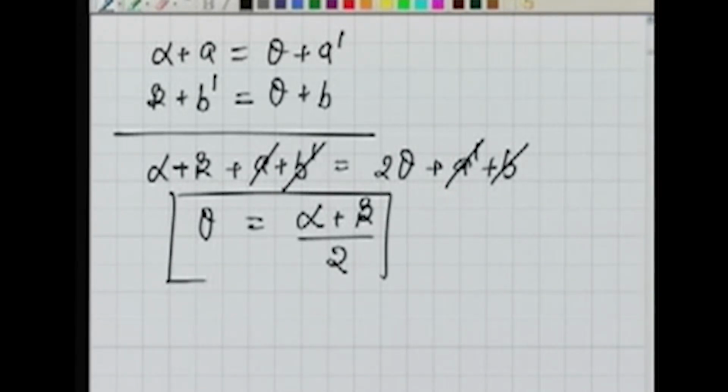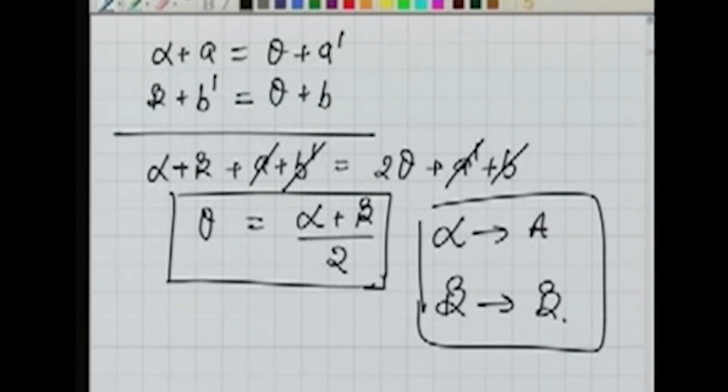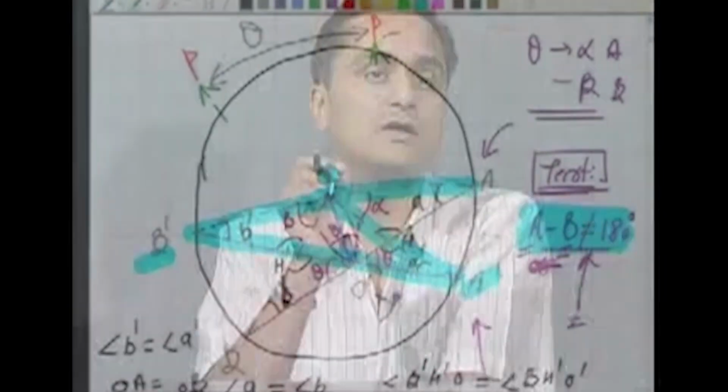Now what is the meaning of this? Let us understand the meaning. Alpha is reading taken by vernier A, beta is reading taken by vernier B. It says even if our instrument has got an error, and if we take the observations with both the verniers and we take the mean of these two observations, whatever is the reading given by vernier A, whatever is the reading given by vernier B, the error because of the eccentricity of the centers will be eliminated.